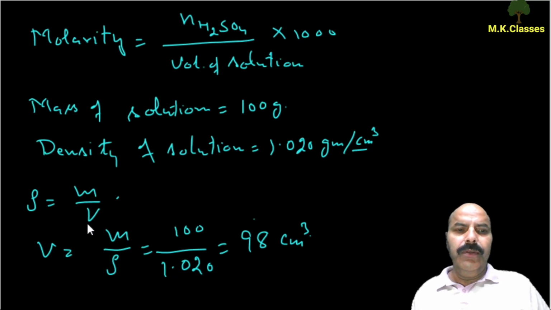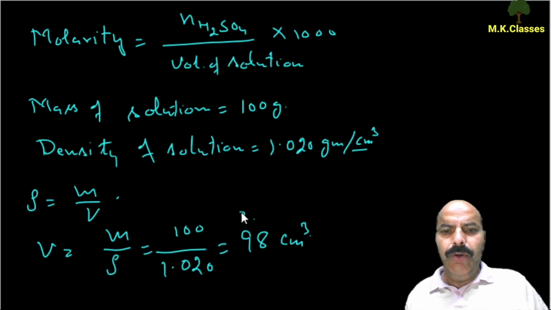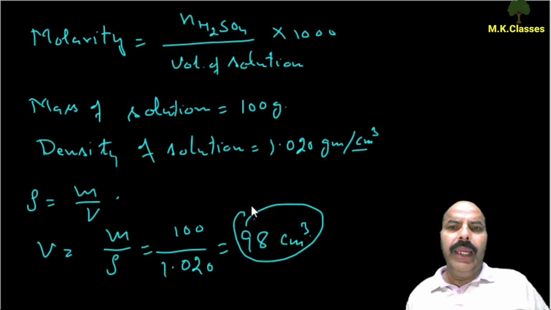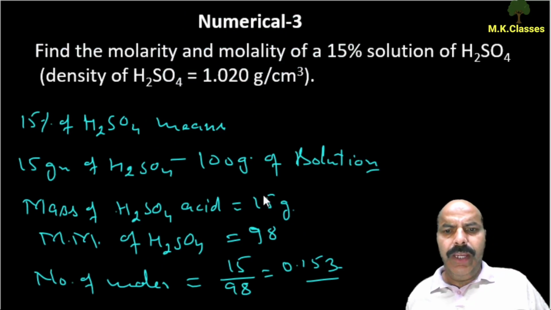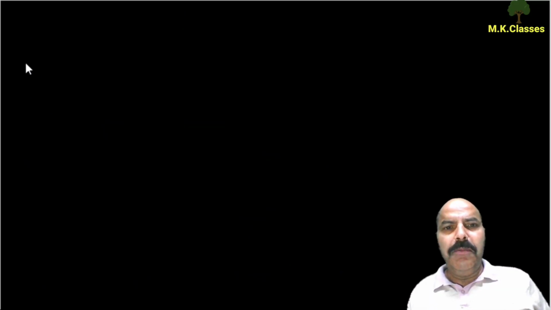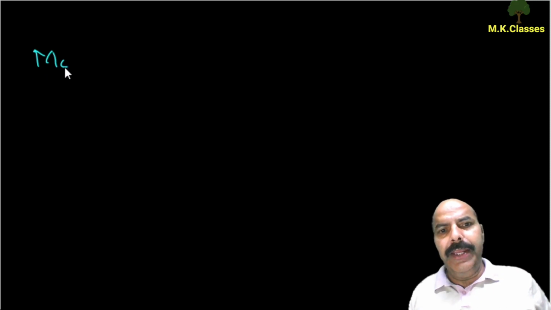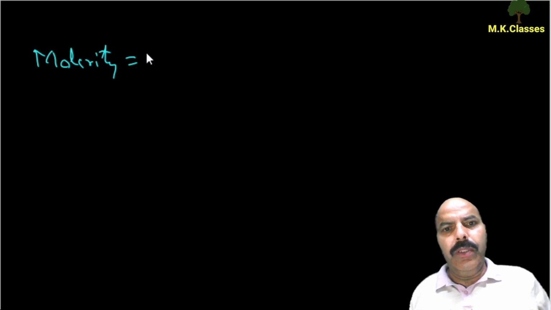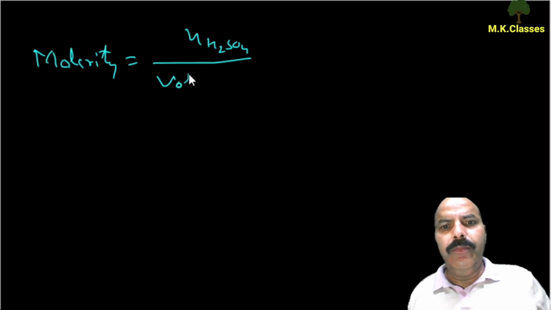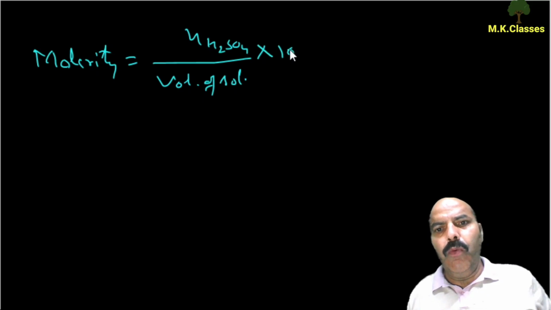So beta, now we know this volume and we know the number of moles, that is 0.153. So now bachcho we can find out this molarity. That is nothing but the number of moles of sulfuric acid divided by the volume of solution into 1000.